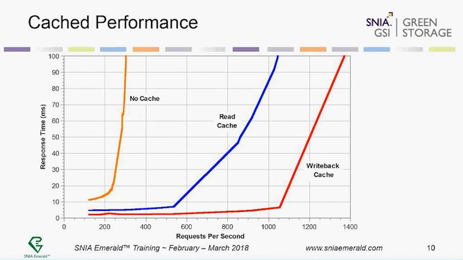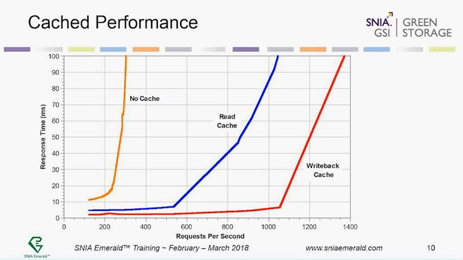And here's another representation of the improved performance, or the relative performance, of the existence of a cache in the I/O stack. On the far left side, you see no cache. That's actually being acknowledged by the disks themselves. As we move to the right, you'll see that there are significant benefits from the existence of a read cache.